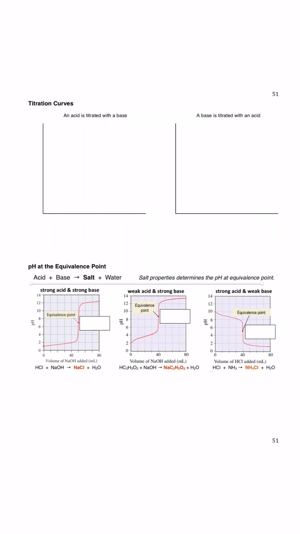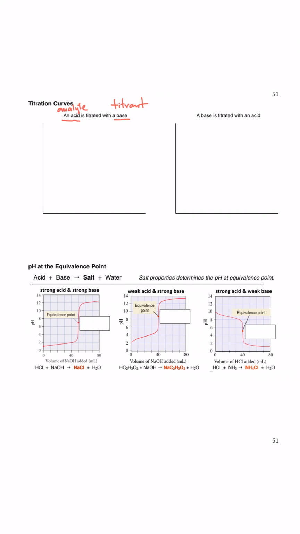Next, we will take a look at the titration curves. There are two curves that we are going to consider. One is when an acid is titrated with a base, and the other is when a base is titrated with an acid. When an acid is titrated with a base, it implies that an acid is the analyte and a base is the titrant.